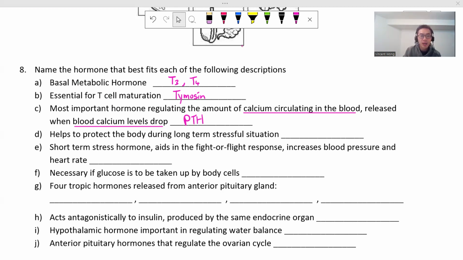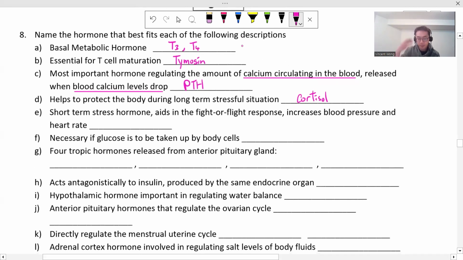Helps to protect the body during long-term stressful situations. That would be cortisol. It increases resource availability, so we have the glucose available to keep us running while we are stressed out.